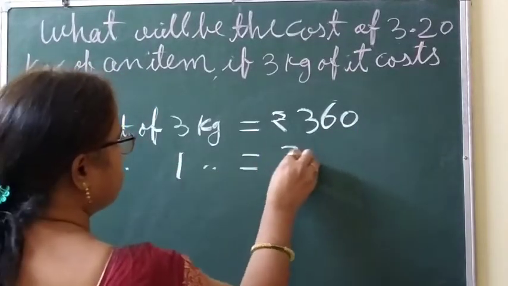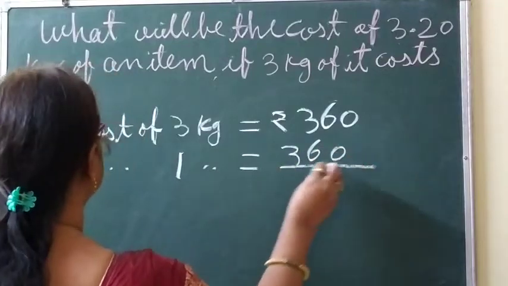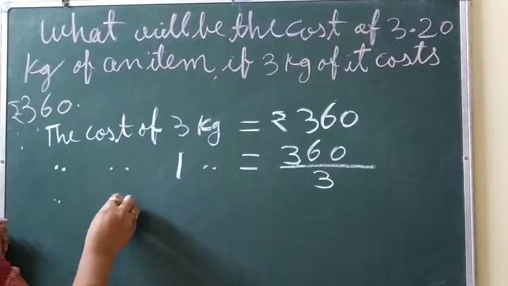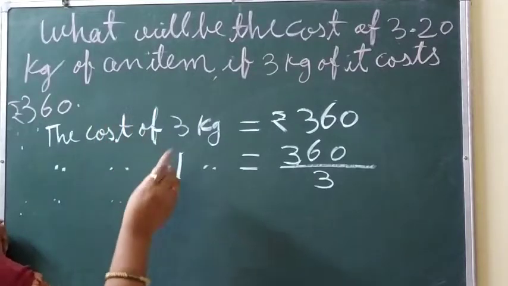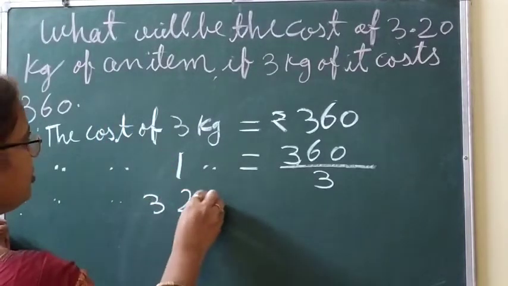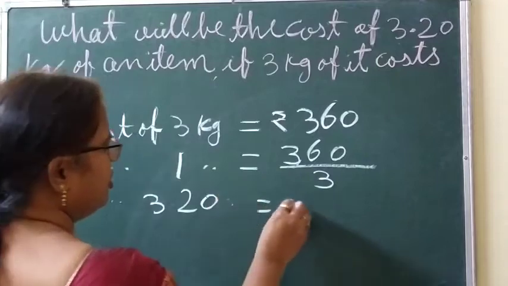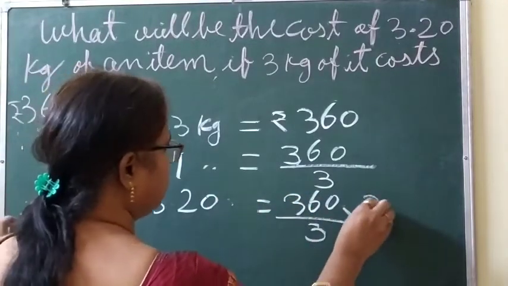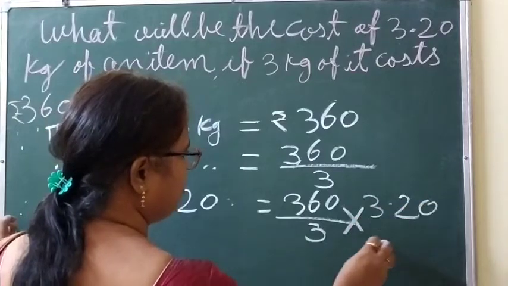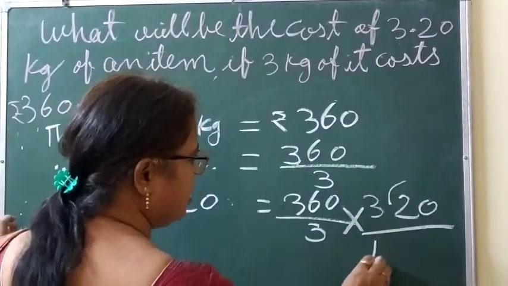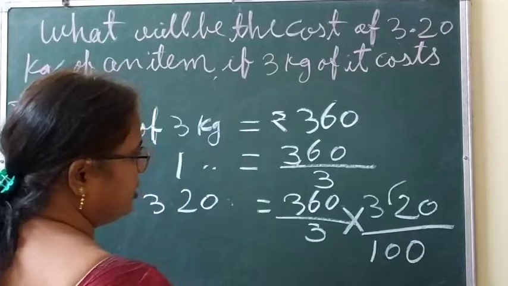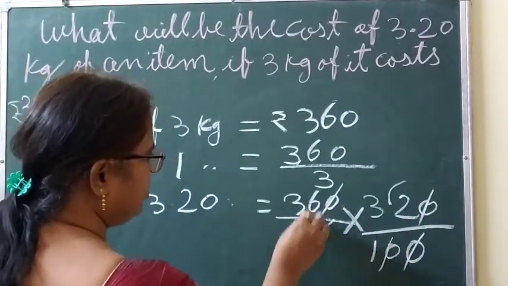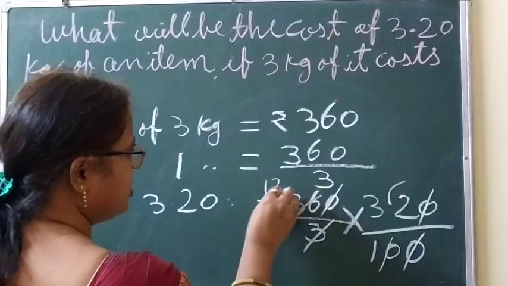So the cost of 1 kg will be less. So 360 divided by 3. Clear? Therefore the cost of 3.20 kg will be equal to 360 divided by 3 into 3.20. Clear? Then we remove the decimal and here we can write 100. So this 0 cancels, this 0 cancels, and then 3 ones are 3 and 3 twos are 6.